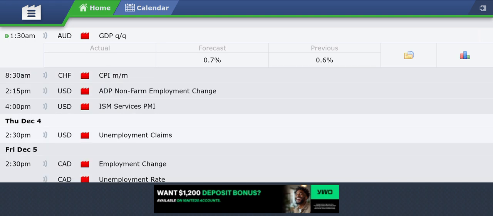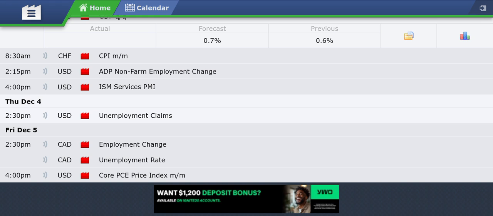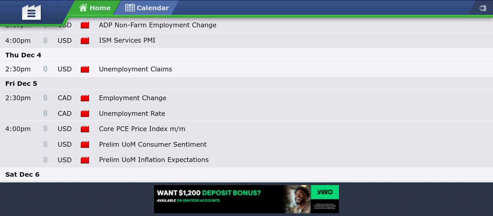We're also going to be having the non-farm employment change data from the US dollar, and also the ISM services PMI for the US dollar. Then we're also going to be having unemployment claims on Thursday for the US dollar.